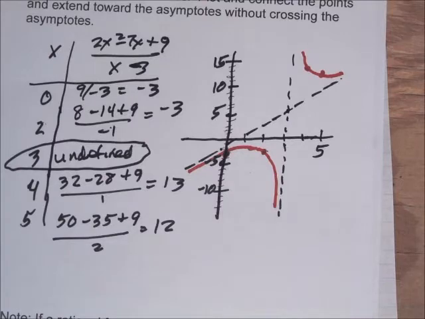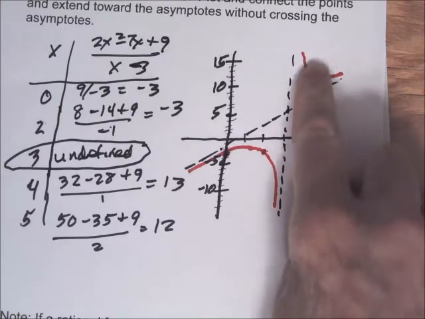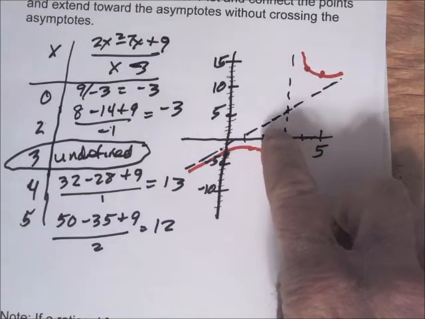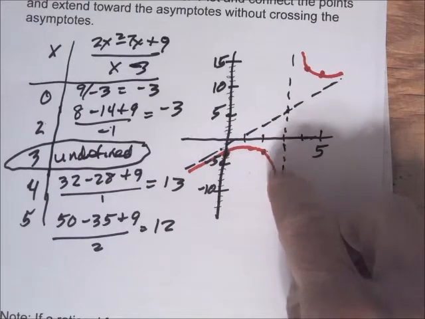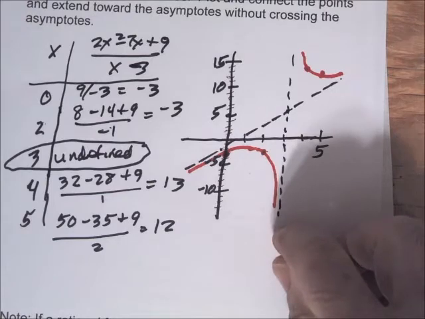Next week we're going to be talking about limits, and this is a visual illustration of limits, or the asymptotes. For the vertical asymptote, as x approaches 3 from the left, the function values get closer and closer to minus infinity.